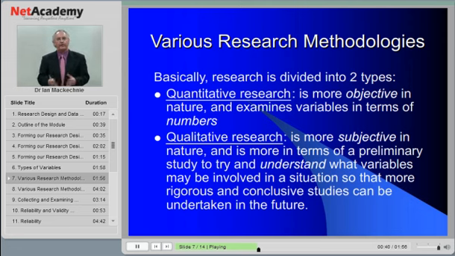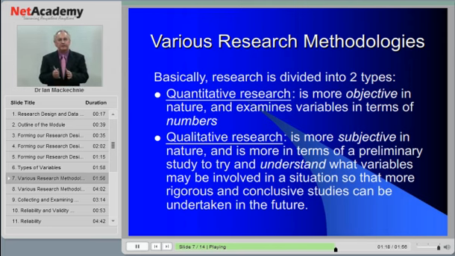However, there are other forms of research methodologies, and the other broad one is what we call qualitative research. Now, this isn't objective research, it isn't scientific research like the quantitative method. It is more subjective in nature, and is often used as a preliminary study to understand variables that may be involved in a particular situation.